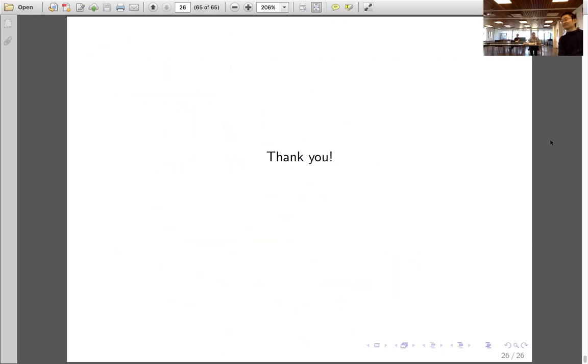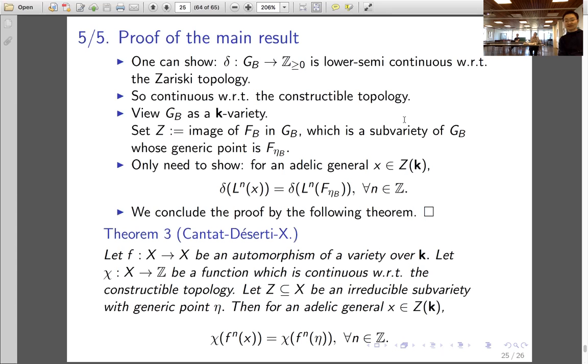Yeah, so I have a question about your adelic topology on this variety. Can you generalize this adelic topology to schemes? For example, to Spec O_K for number fields? I don't know, because here we only care about the K-points, the closed points.